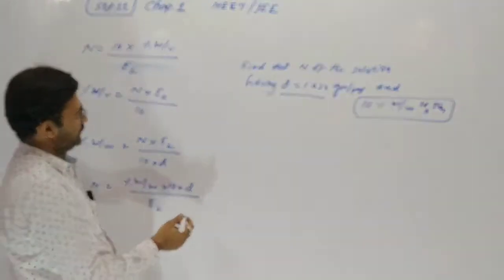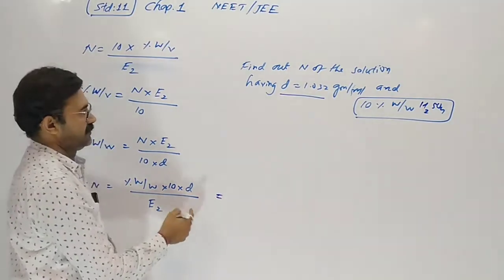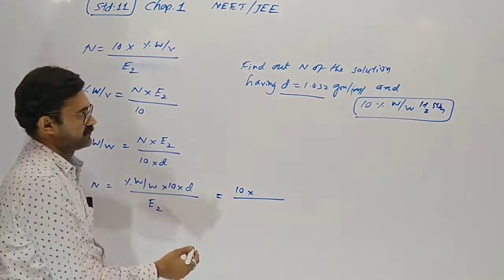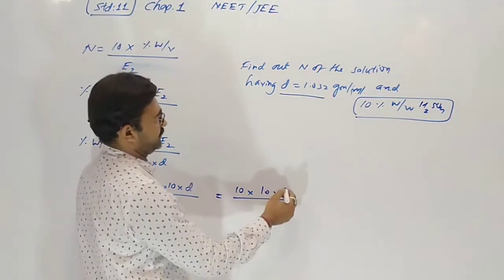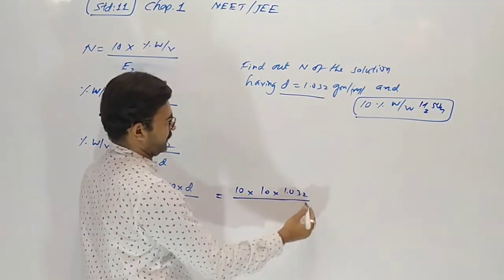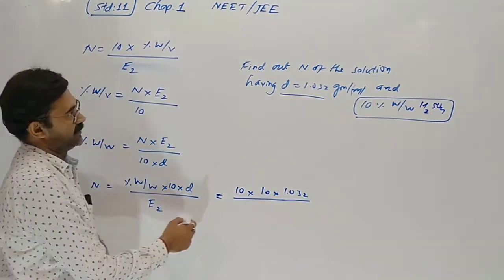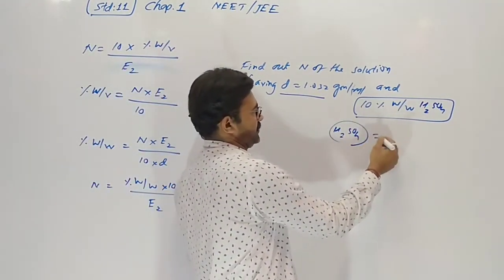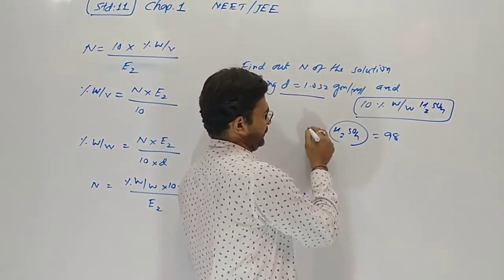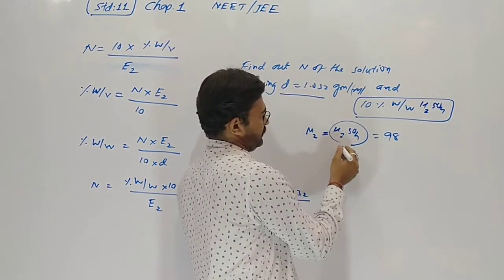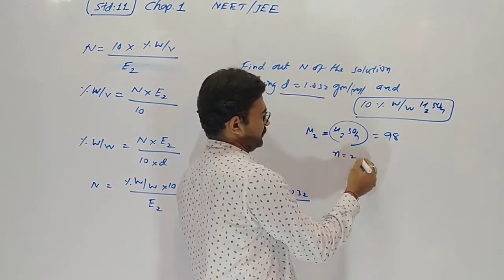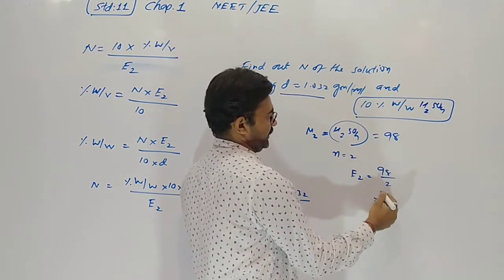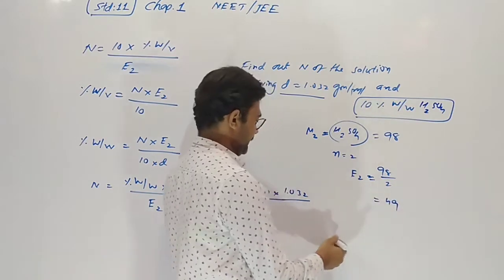So we can easily find it. Percentage weight by weight is given, 10 into 10. Density is 1.032, and equivalent mass: the molecular mass of sulfuric acid is 98. Basicity is 2. So equivalent mass is 98 by 2, 49.